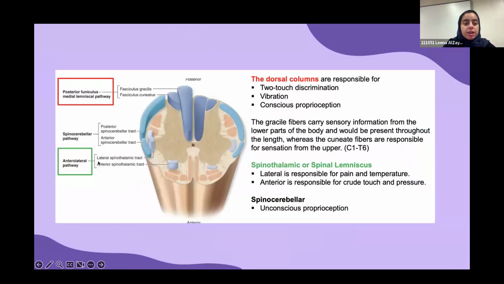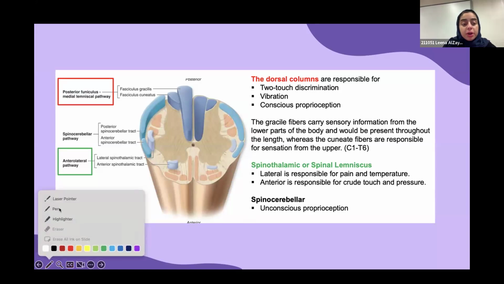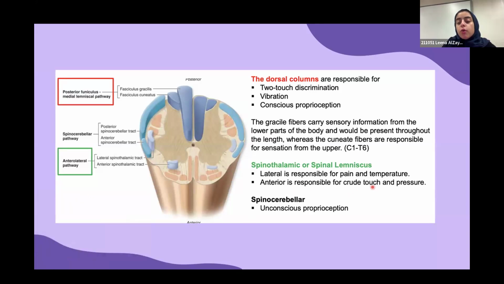Again, we have lateral spinothalamic and anterior spinothalamic. Lateral spinothalamic is responsible for pain and temperature. Anterior spinothalamic is responsible for crude touch and pressure. The question here was asking about burning sensation and pain, which is the lateral spinothalamic. Just a reminder, the dorsal column is responsible for two-point touch discrimination, vibration, and conscious proprioception. Spinocerebellar is for unconscious proprioception.